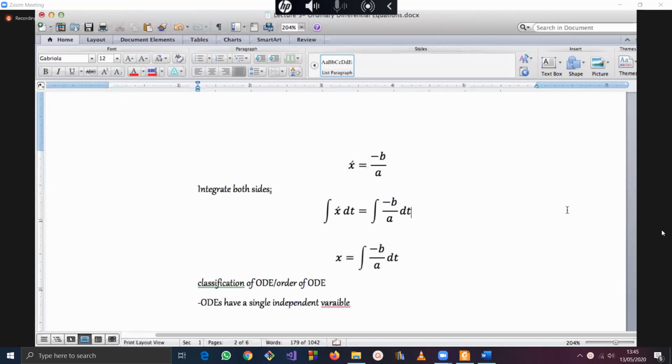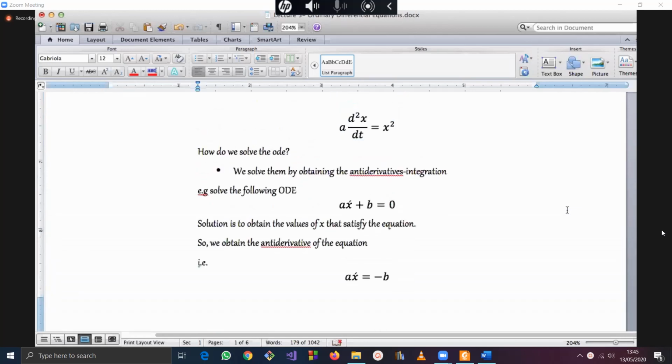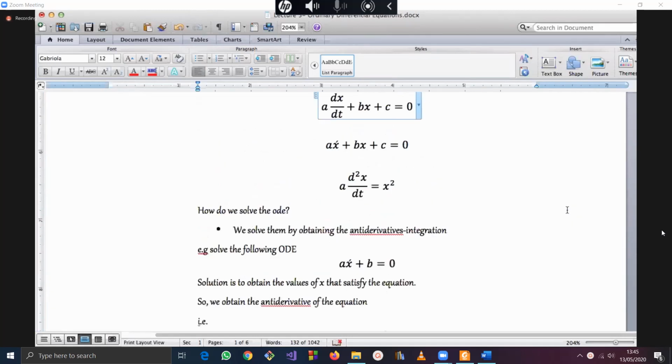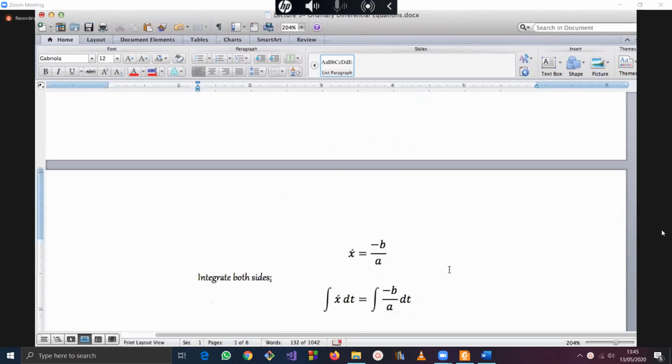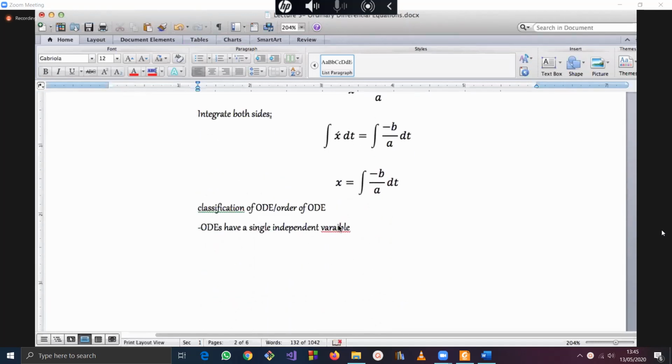Let me go back and demonstrate this. In this equation, we are having x. It's very possible there are sections where here we may have y. That becomes not an ODE. So in an ODE, we are saying there is a single variable, which is independent. That's very important.